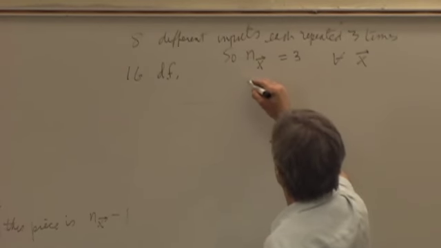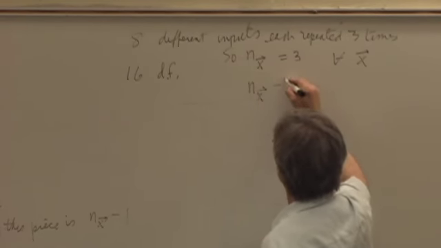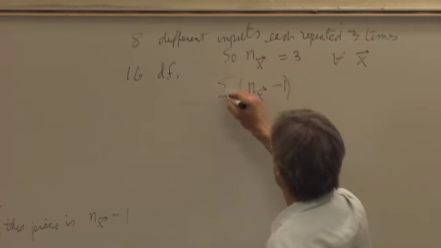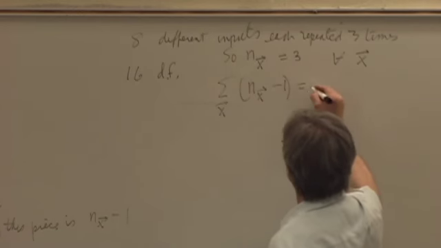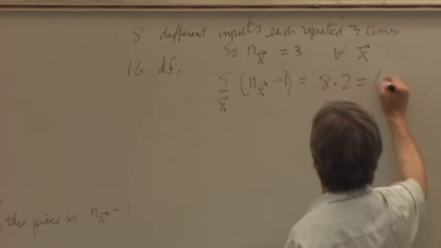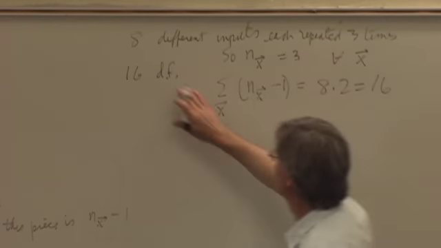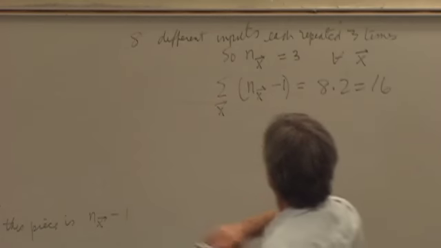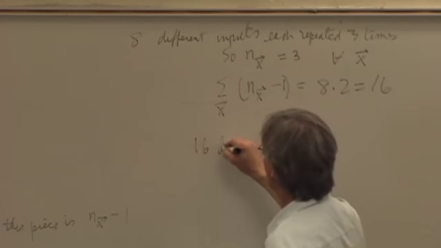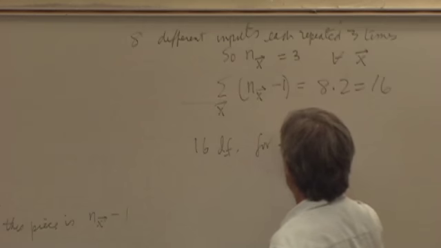Then for nx minus 1, the sum over all x possibilities equals 8 times 2 equals 16. There were 8 different x's, so 16 degrees of freedom for SSPE.